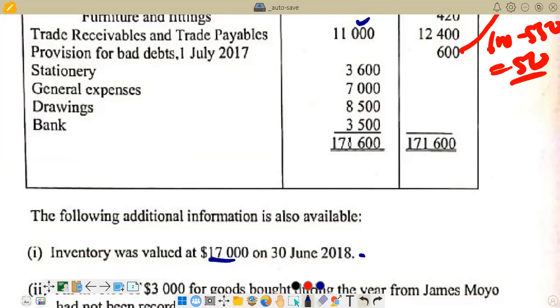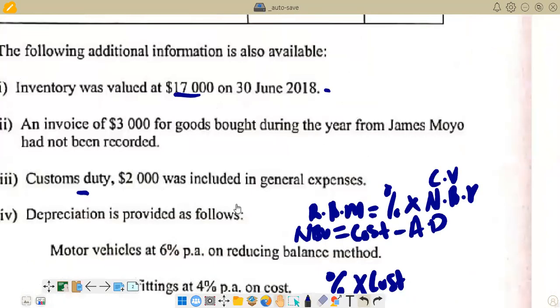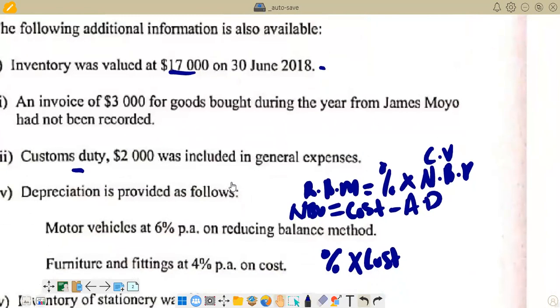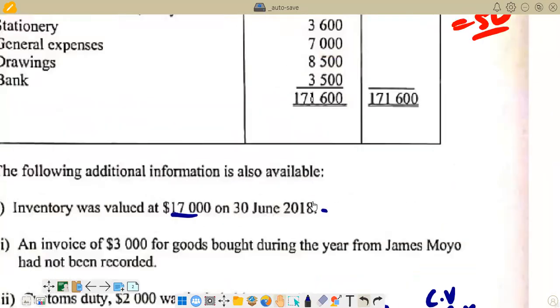So let's go down to check in terms of the calculation of depreciation. Remember, we are saying motor vehicles is 6% on the reducing balance method, where we are going to employ this formula, whereby you say percentage times net book value, and then our net book value, we first calculate, which is cost minus accrued depreciation. So the figure that we get is multiplied by 6%.